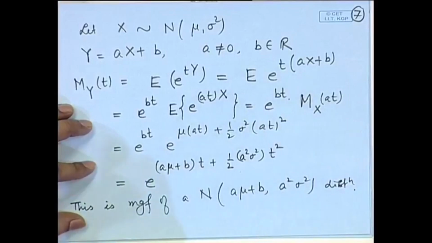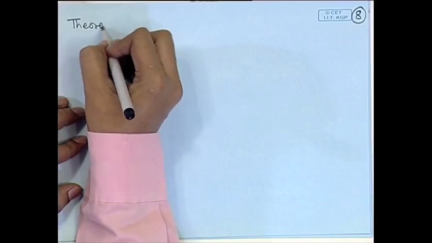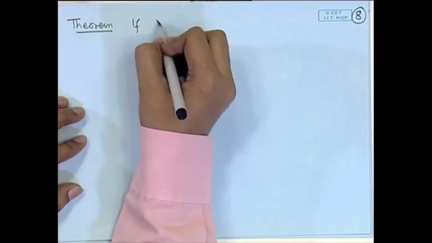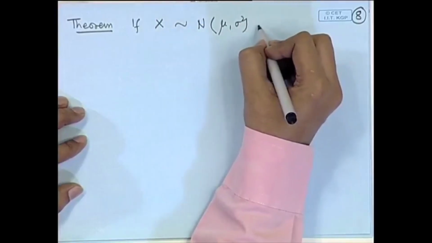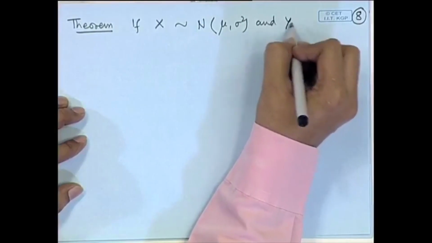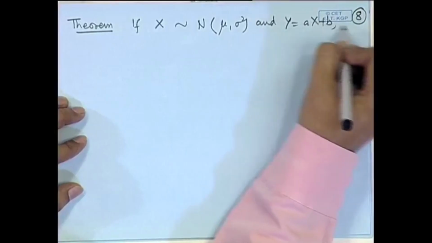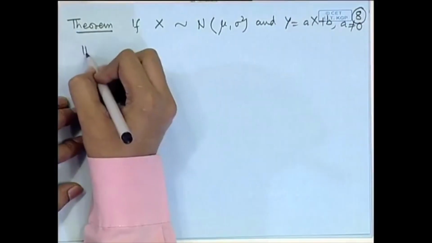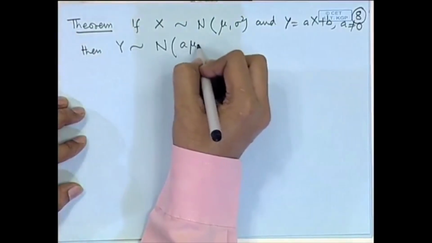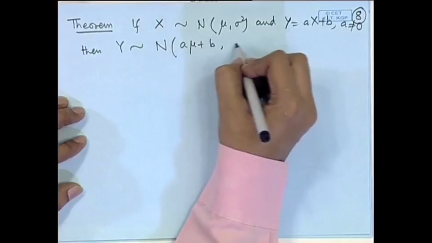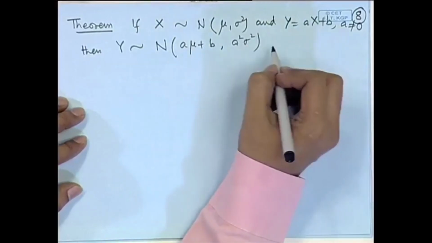So, by the uniqueness property of the moment generating function, we have proved that if x follows normal mu sigma square and y is equal to a x plus b, where a is not 0, then y is also normally distributed with parameters a mu plus b and a square sigma square.